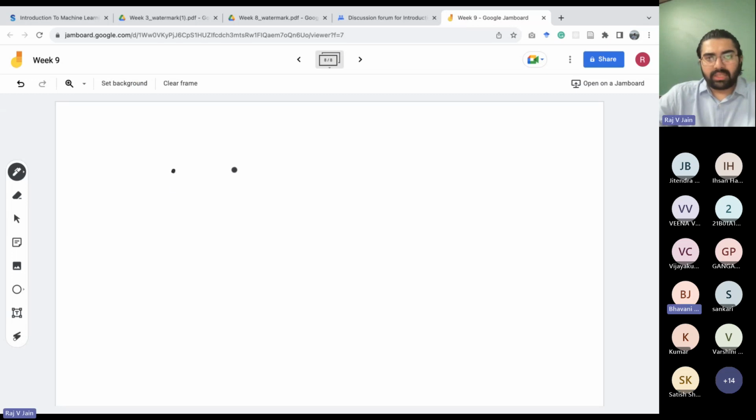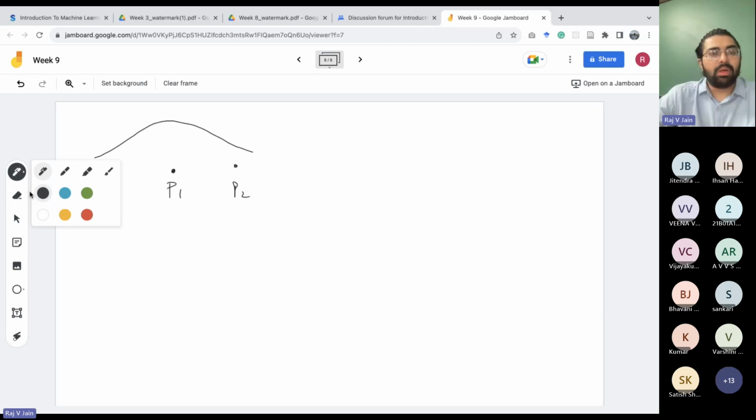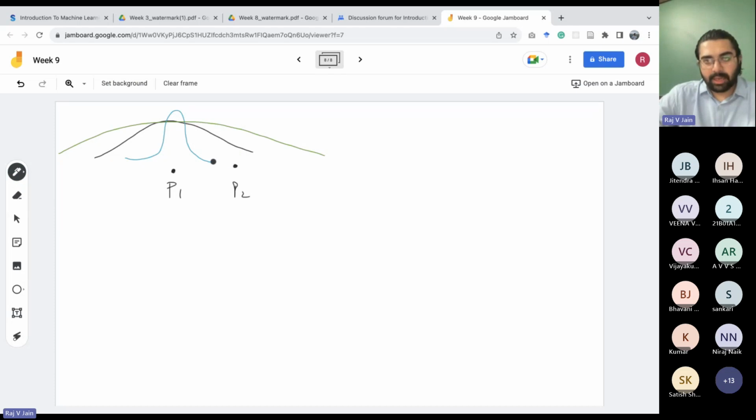Yes. So let's say you have a point P1 and a point P2, and kernel width basically controls how much importance you're giving to point P2, the distance between point P1 and P2. So let's say something like this versus something like this, and versus something like this. The idea is how much this distance compares with respect to these different values.